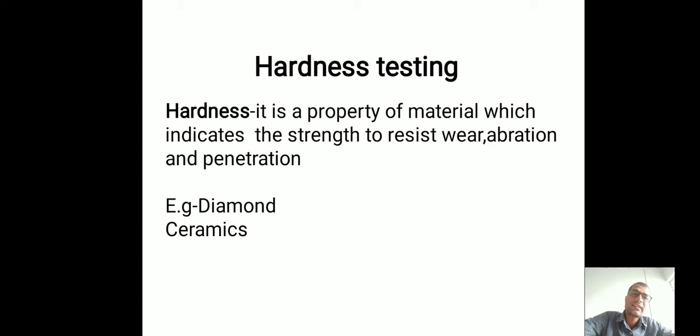These two examples are in front of us, diamond and ceramics. These are the best examples of hard material. Very hard materials are these two. If you try to wear these, the chances of wear of these two materials are very less.